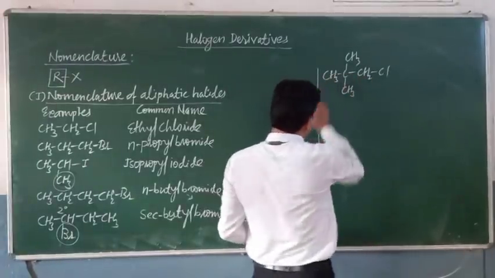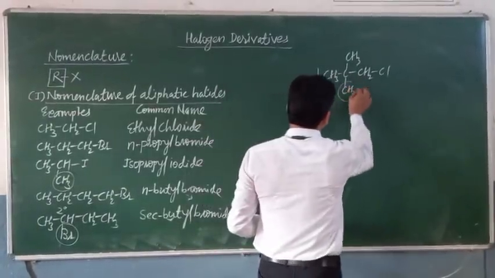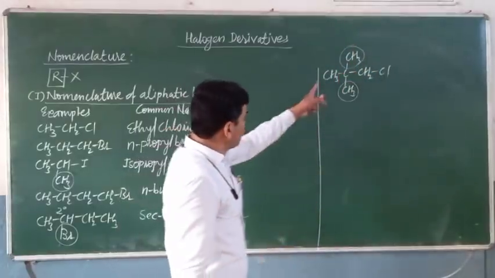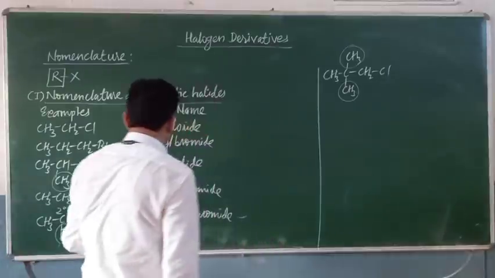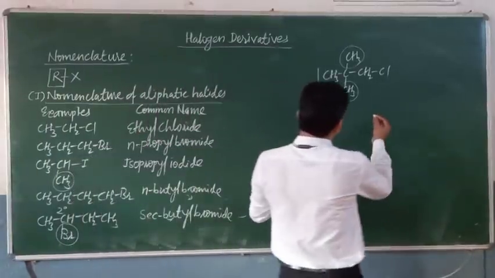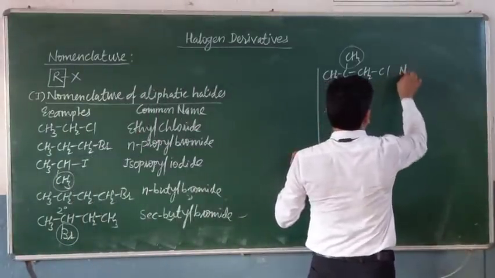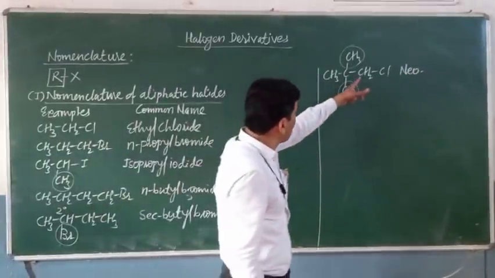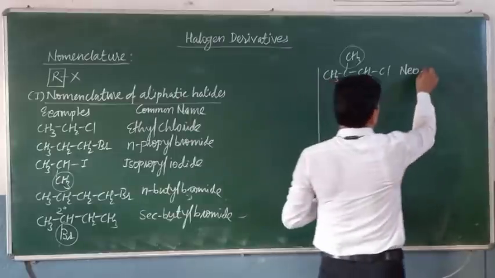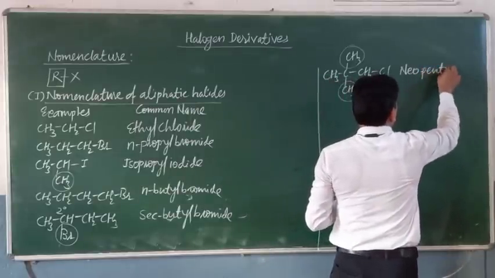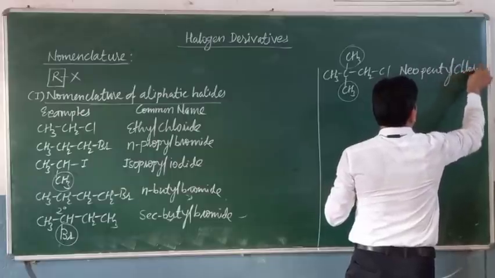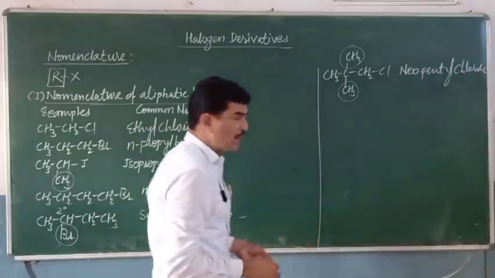But in this pentyl, 2 methyl groups are attached to the last but one carbon, and therefore here the suitable prefix is neo. The name of the hydrocarbon chain will be neopentyl, and the halogen is chloride, so neopentyl chloride.